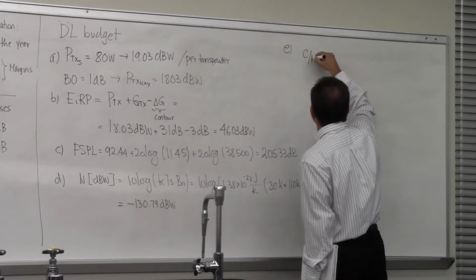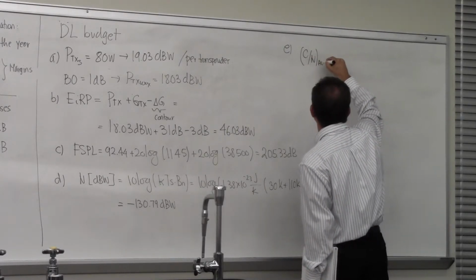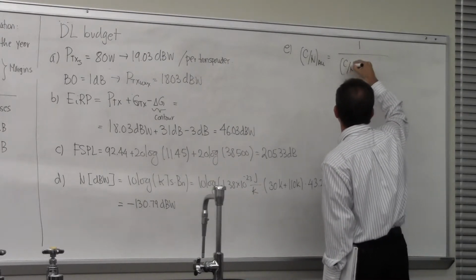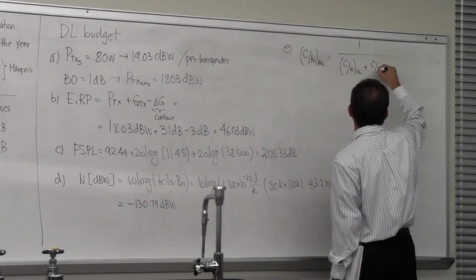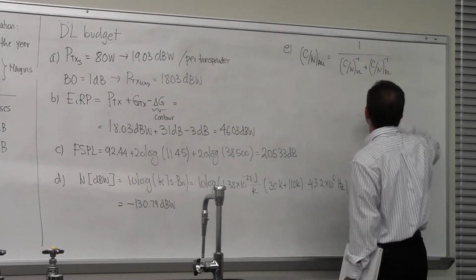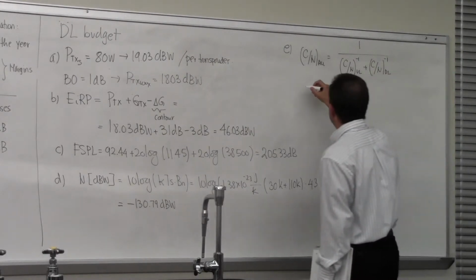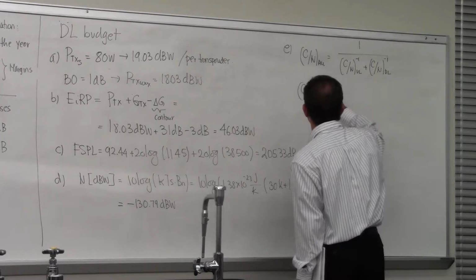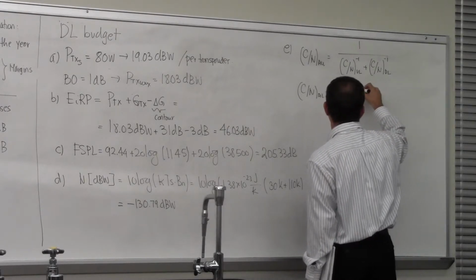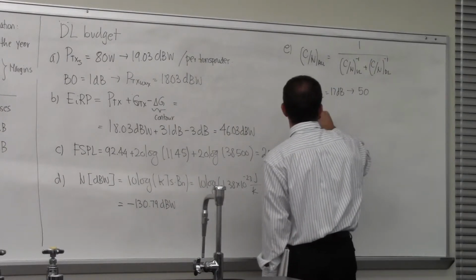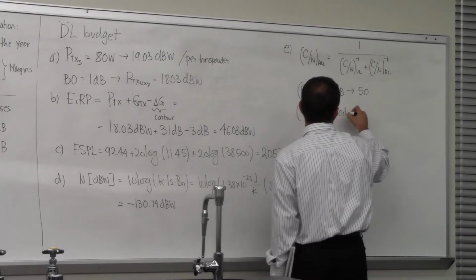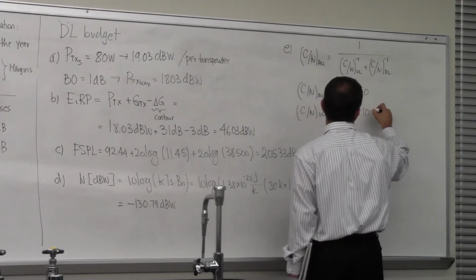I know that the C2N for both links is going to be 1 over C2N for the uplink plus C2N from the downlink, 1 over those. Right? C2N overall is 17 dB, which in linear domain is 50. C2N on the uplink that is provided by my design is 30 dB, and this is 1000.